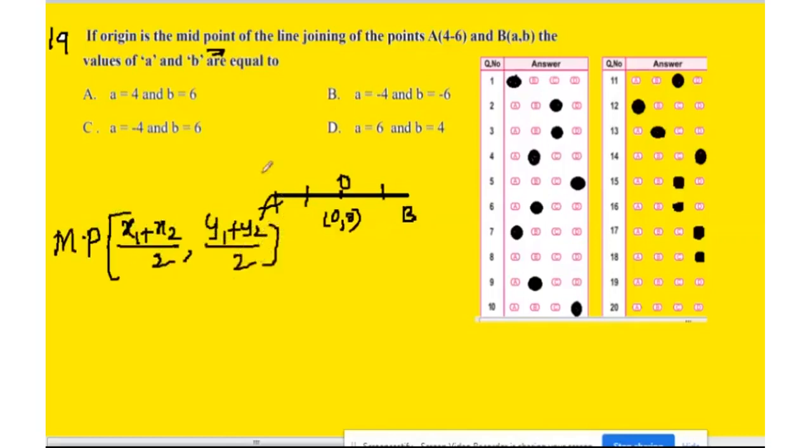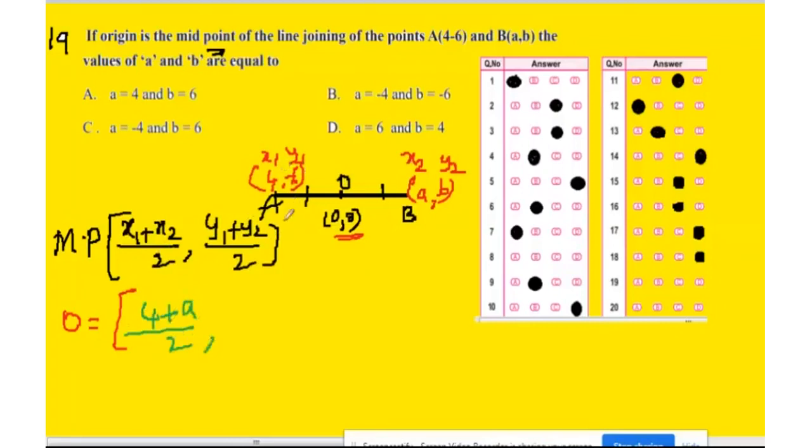I am going to write the point A as 4, minus 6 and B point as A, B. We know that origin is 0, 0. Replacing the values, origin is the midpoint. I am representing the point A with x1, y1 and point B with x2, y2. I am replacing the formula. x1 is 4 and x2 is A by 2. y1 is minus 6 and y2 is B by 2.